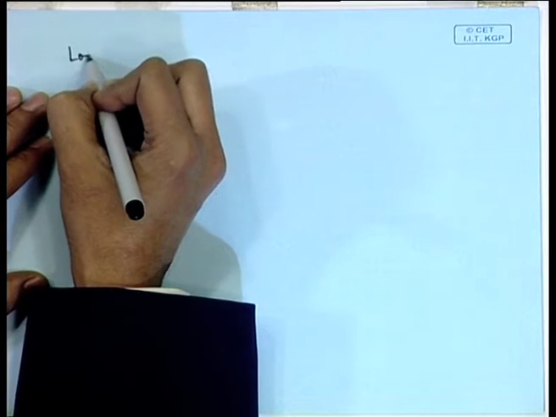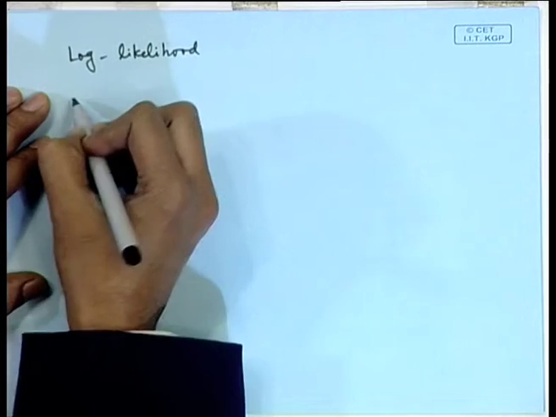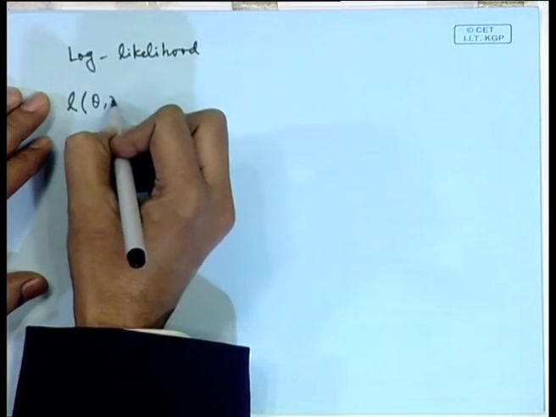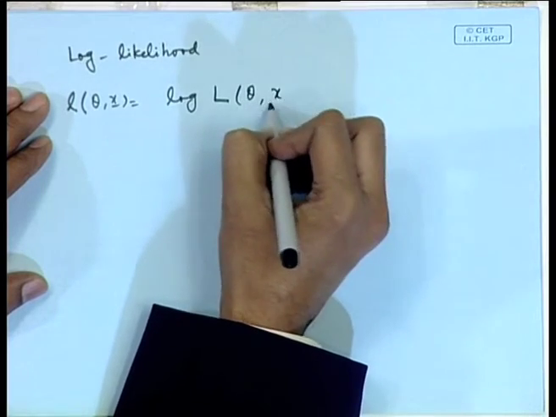Therefore, in most cases it is more convenient to handle the log of the likelihood function. So we consider the log likelihood, which we denote by small l(theta; x), that is equal to log of L(theta; x).